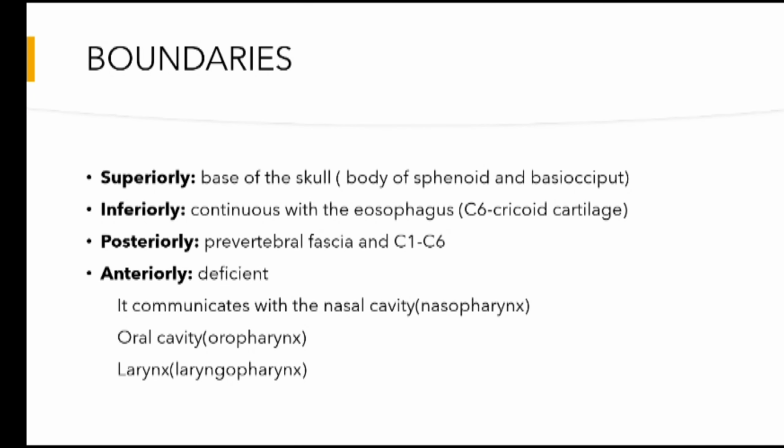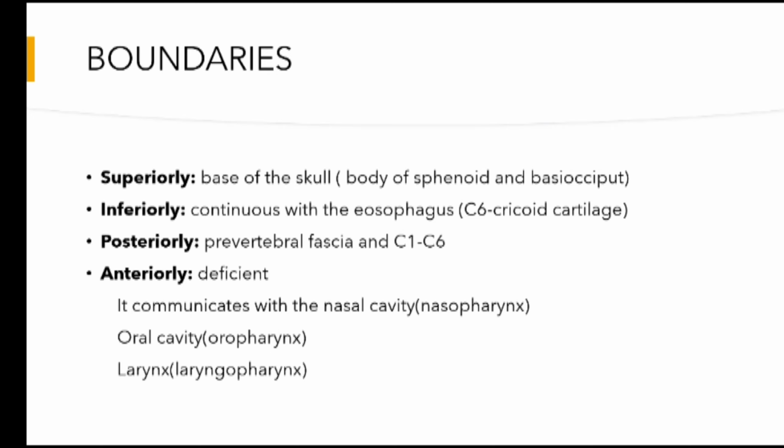So, if we talk about the boundaries of the pharynx, it is superiorly bounded by the base of the skull, specifically the body of sphenoid and basiocciput. Inferiorly, it is continuous with the esophagus at the level of C6 to cricoid cartilage. Posteriorly, it is bound by the prevertebral fascia and C1 to C6 vertebrae.